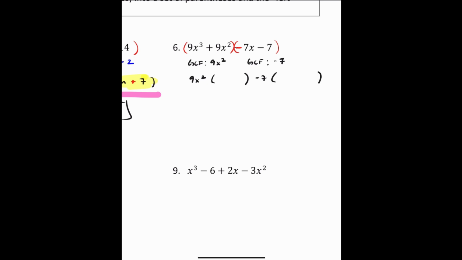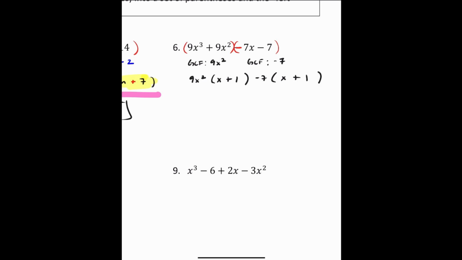So 9x squared times what gives you 9x cubed? That would be x. 9x squared times what gives you positive 9x squared? You would say +1. For this last group, -7 times what gives you -7x? Well, that would be x. -7 times what gives you -7? That would be +1.